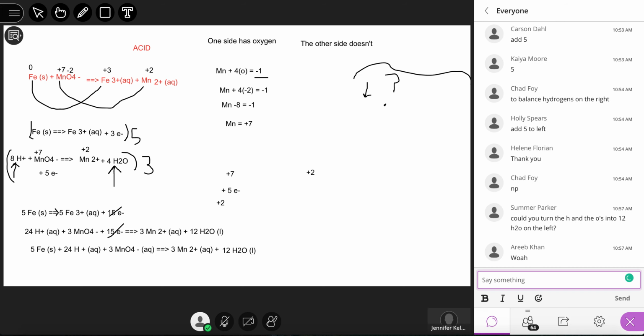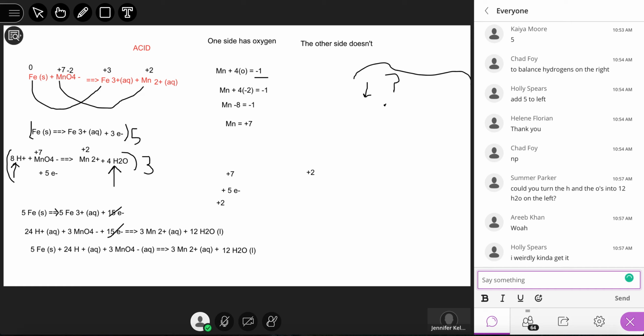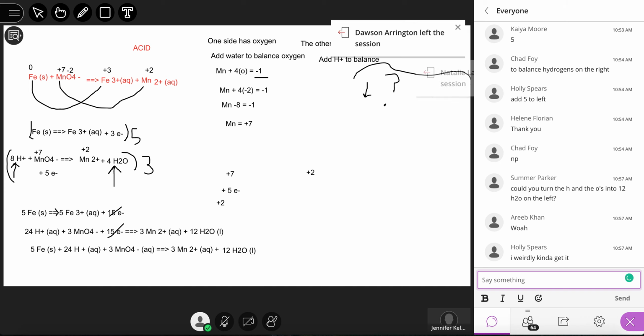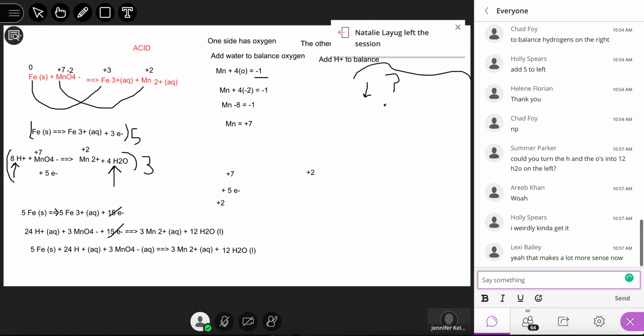Then you're going to add water. Then you're going to add hydrogen. All right. So you balance it just like the simple ones. Only difference is that oxygen.